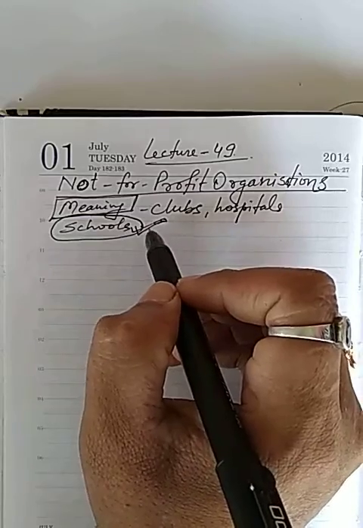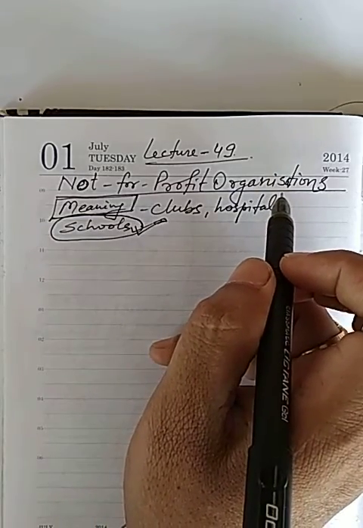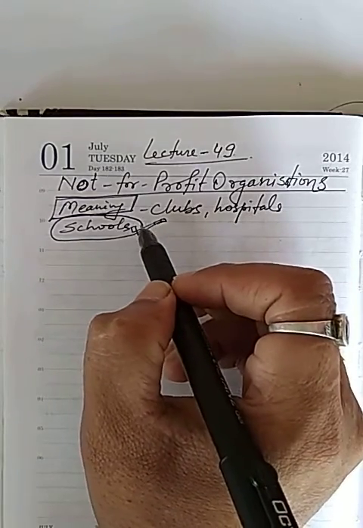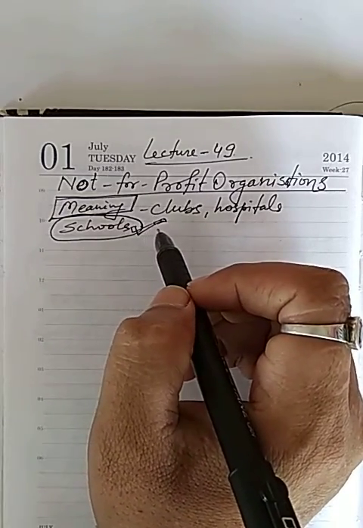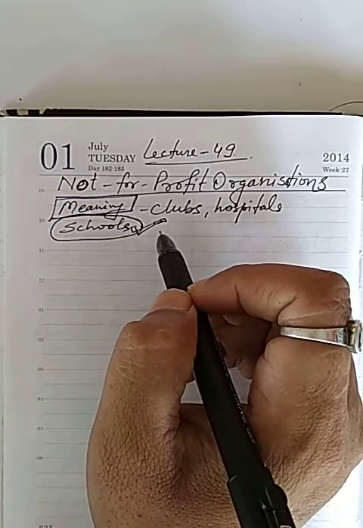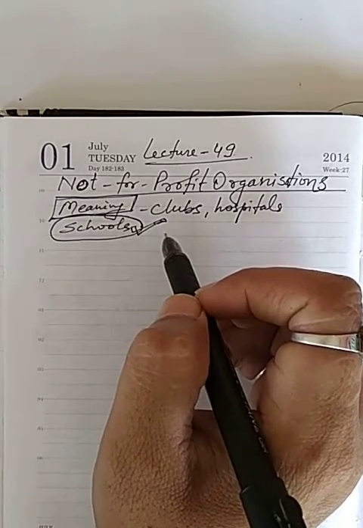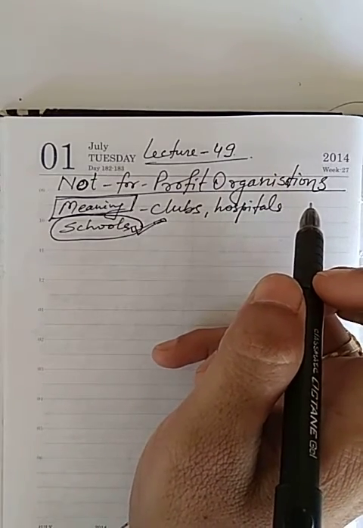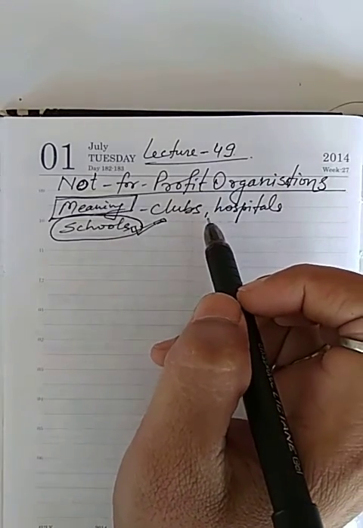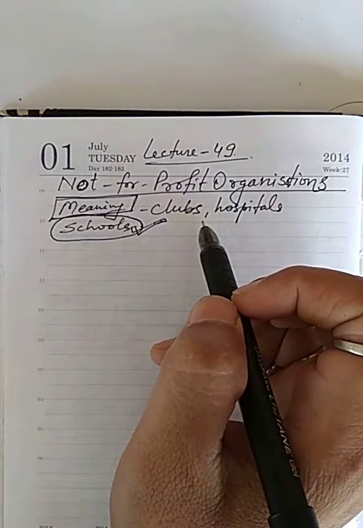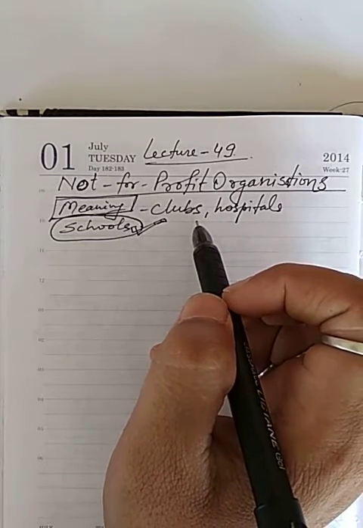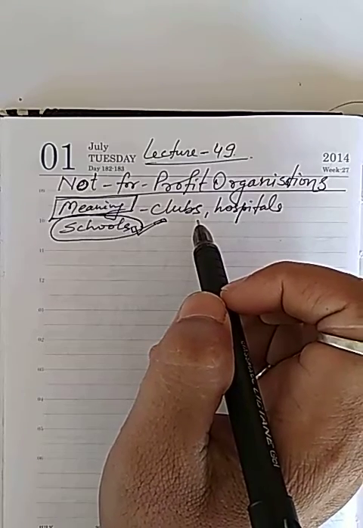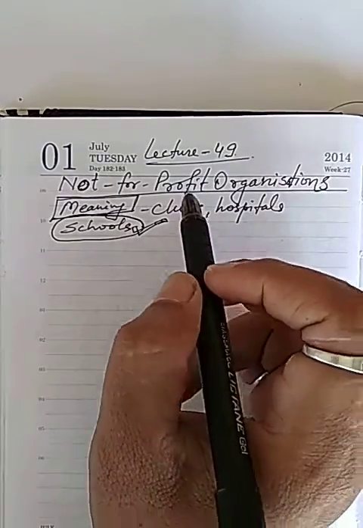It is a not for profit organization. For example, we can say our DAV school is running under the not for profit organization. Its main motive is not to earn profit but to render services.